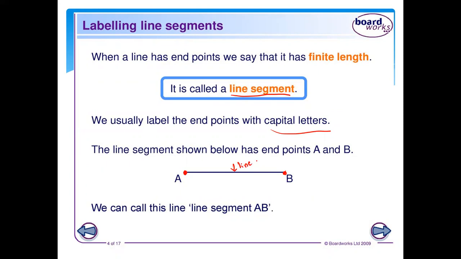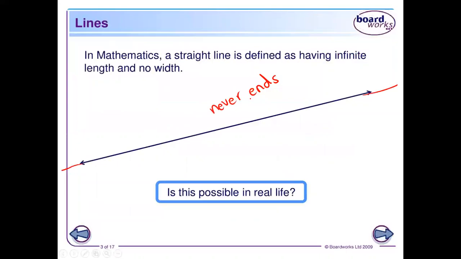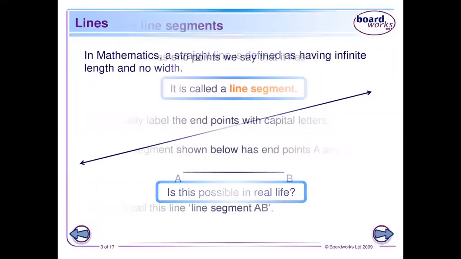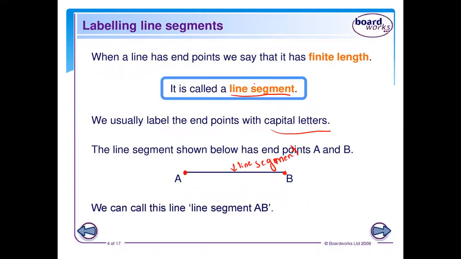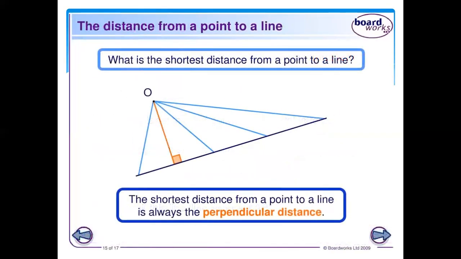Why is it a line segment? Because it has two endpoints, A and B. But if it has no endpoints and infinite length, we call it a straight line. So this is line segment AB. It has two endpoints, A and B.